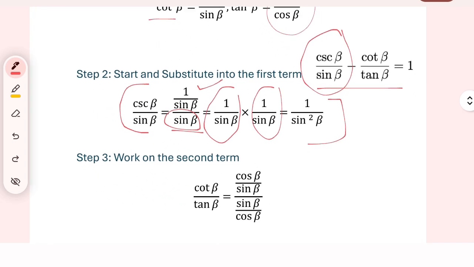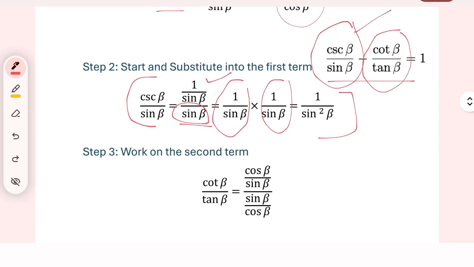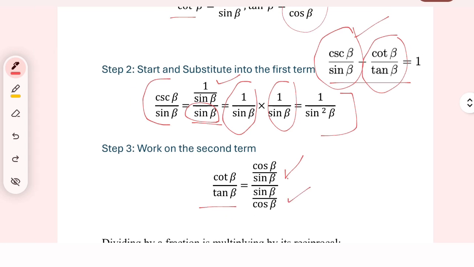So the first term is equivalent to 1 over sine square beta. Now let's work on the second term, cotangent beta over tangent beta. Again, we replace cotangent by cosine over sine, and we replace tangent with sine over cosine.